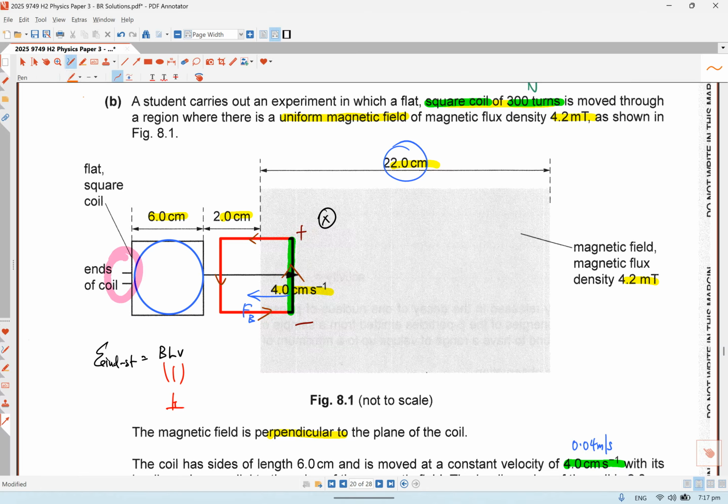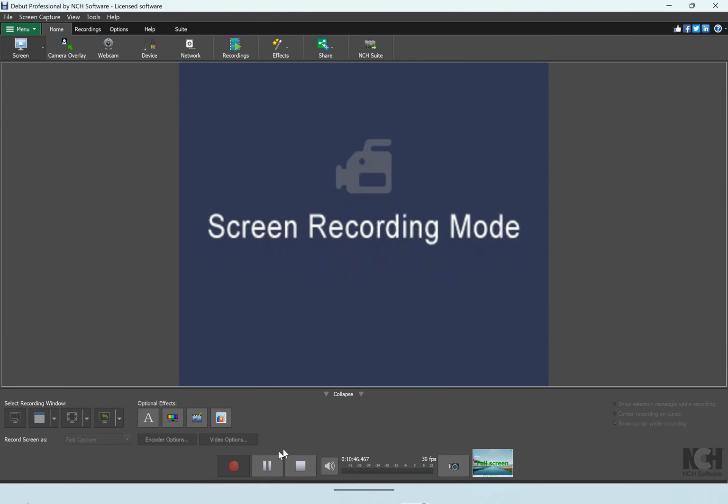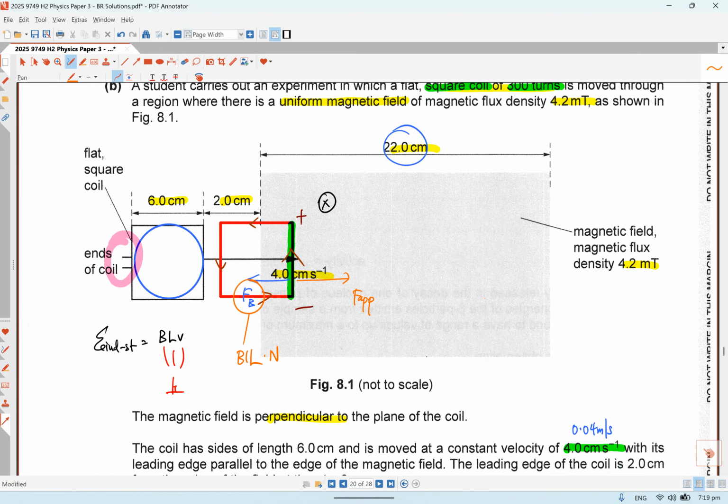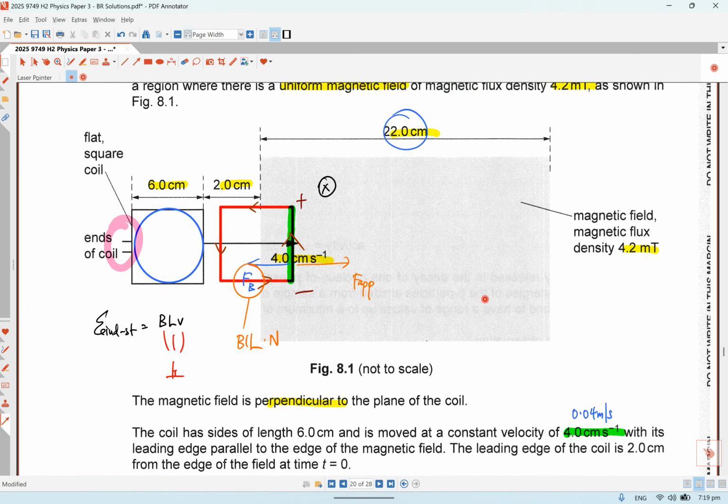So if you want to move at a constant speed, your applied force must be equivalent to this magnetic force. And this magnetic force is calculated by BIL for one rod, times N if it's multiple rods, right? To ensure that the coil moves at a constant speed, this magnetic force must equal this applied force.